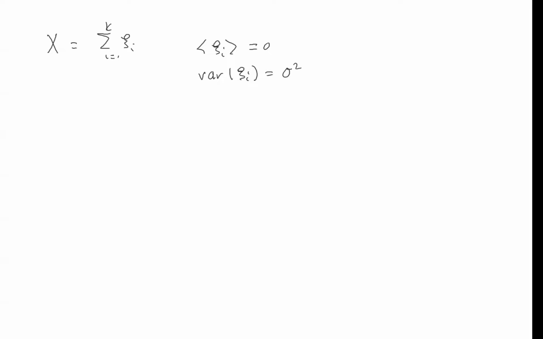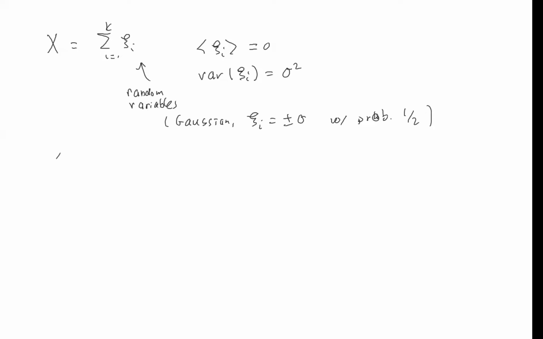These are just random variables. Okay, so it could be pulled from a Gaussian distribution, for instance. They can be binary. You can even have squiggle_i equals plus or minus sigma, with probability 1/2. Any random variable you want.